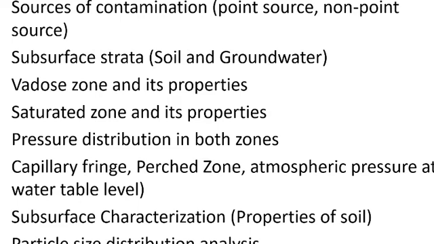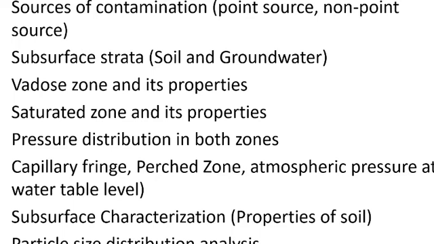We will further find out what geological formations are made up of. And then we have pressure distribution in both zones. I think it's quite difficult to understand how our pressure is varying in both the zones, vadose as well as saturated zone. So we will continue with this topic as well.